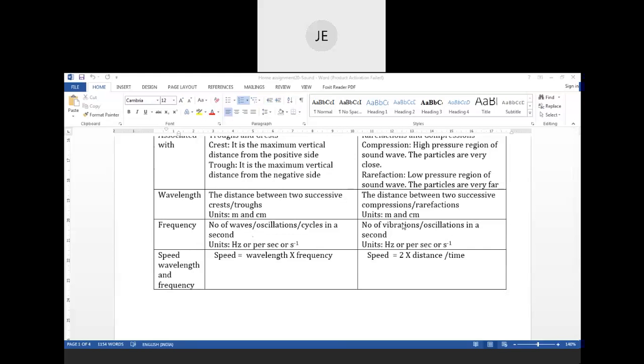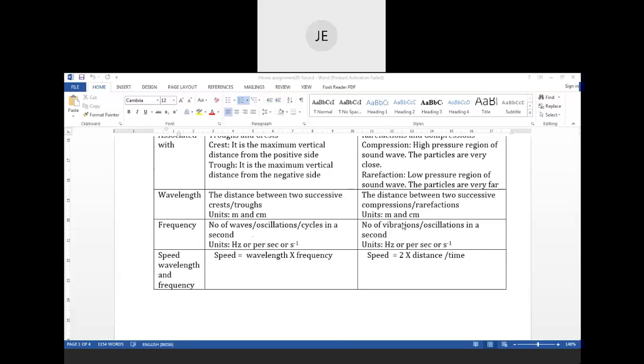These are all terminology associated with waves that we are learning. There is one more term called frequency. Frequency means the number of oscillations, or waves, or cycles in a second.